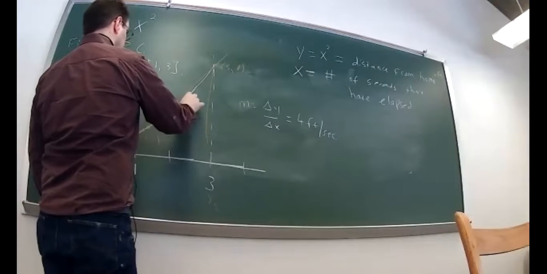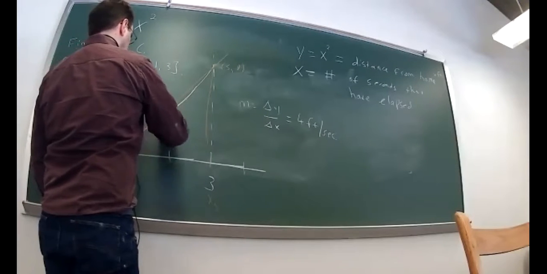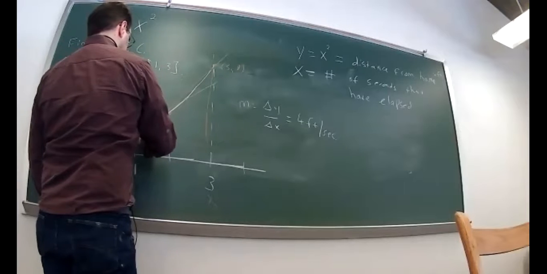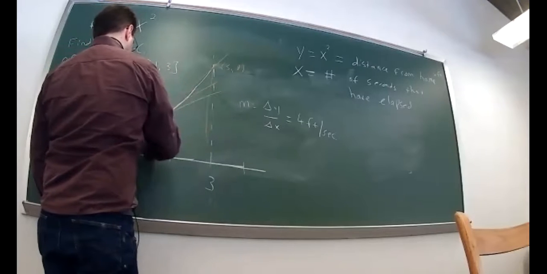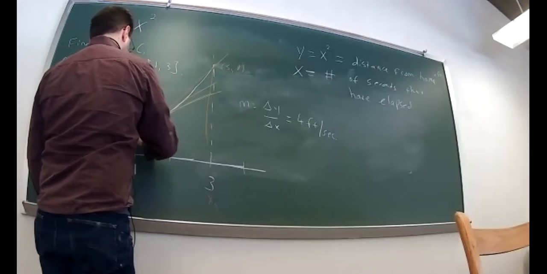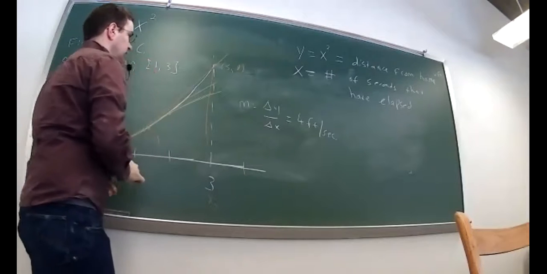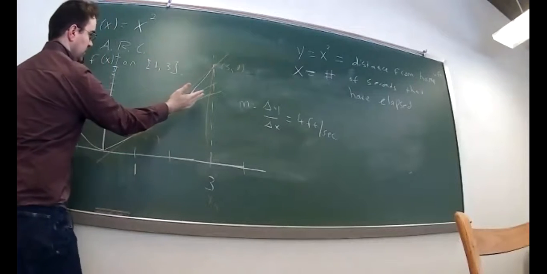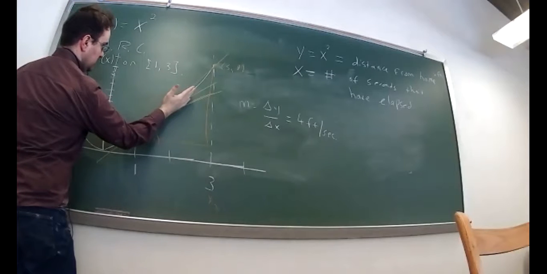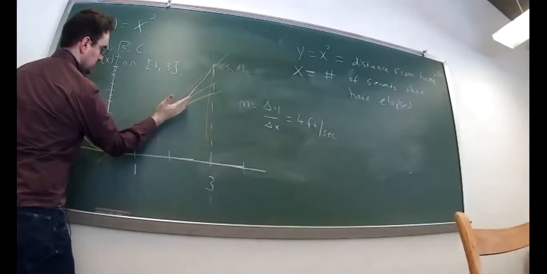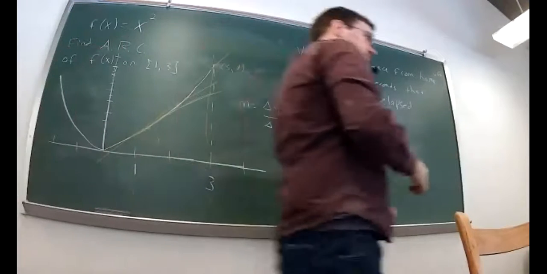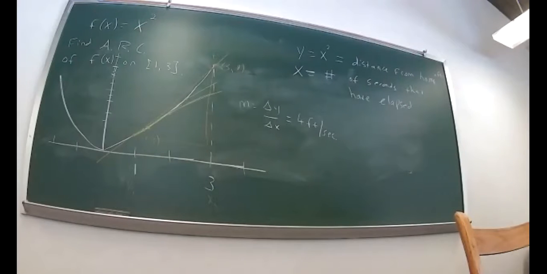They all start here and go to the various points. And eventually, the secant lines all start to settle.